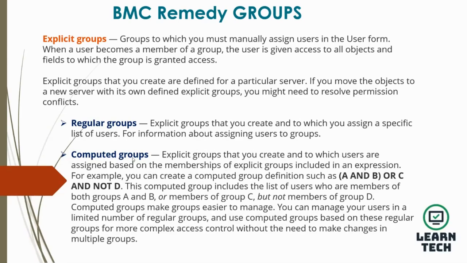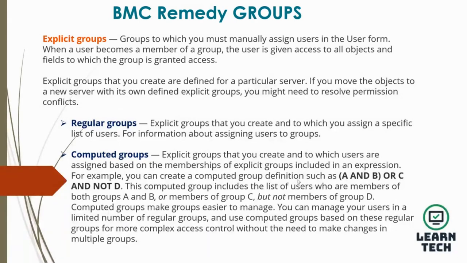Computed groups are groups where we have different people belonging to different regular groups. We can put up a qualification which will compute the people who should belong to a computed group. For example, if I have to define a computed group, let's suppose I have A, B, C, and D regular groups.